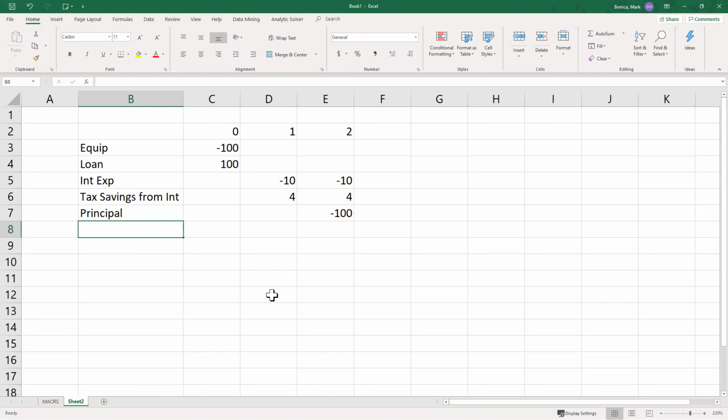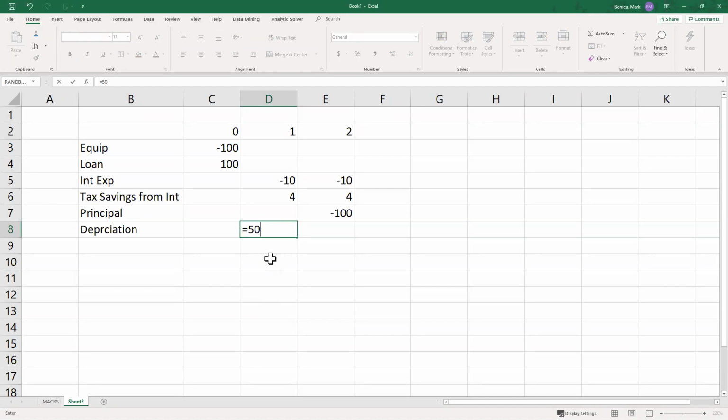And then we have depreciation going on, right? And the asset cost us $100,000. If we fully depreciate the asset, then we're going to have a depreciation of $50,000 per year. Sorry, let me correct that.